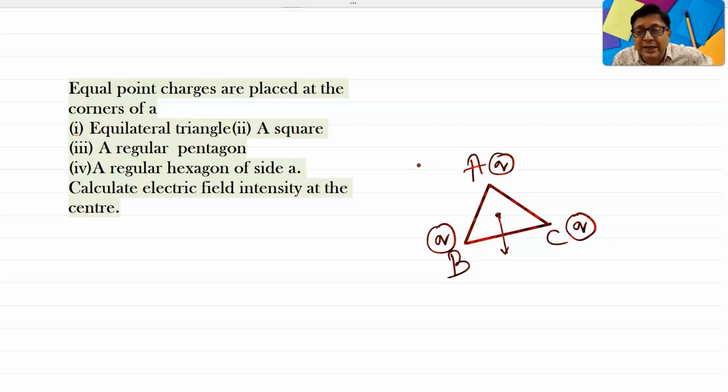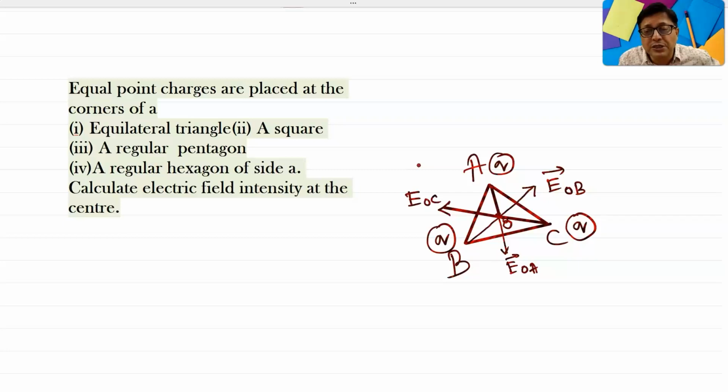Due to charge at A, this point we are taking O. It is EOA, the electric field at O due to this charge Q placed here. Electric field at O due to this charge B placed here will be EOB, directed this manner, and electric field at O due to charge at C will be directed this way, EOC.